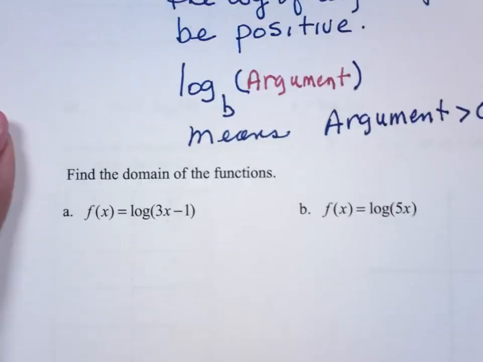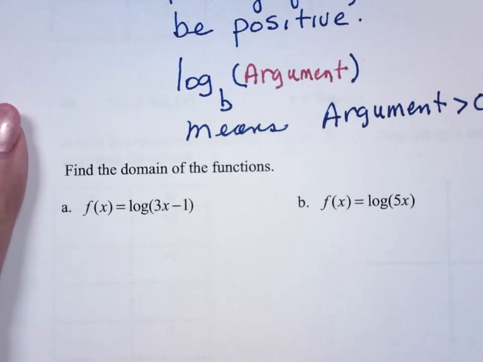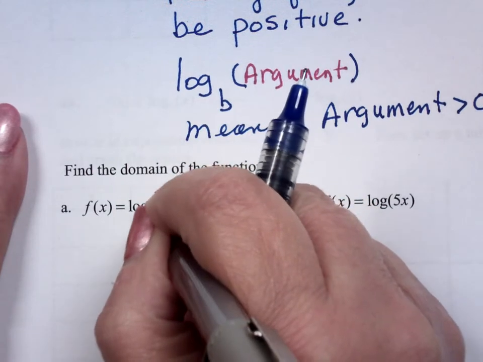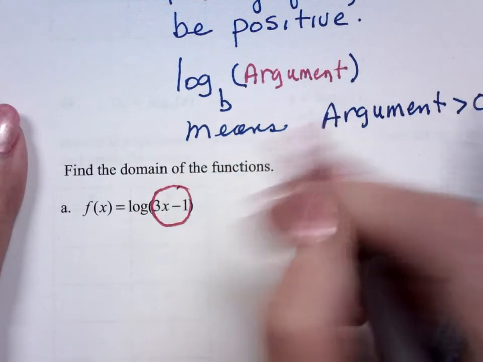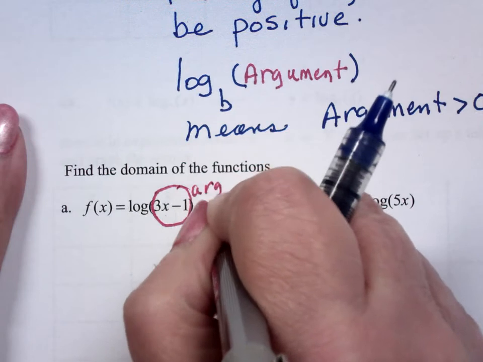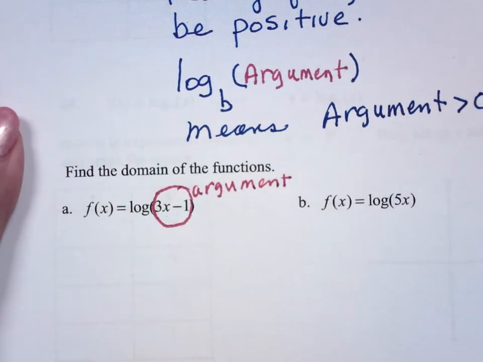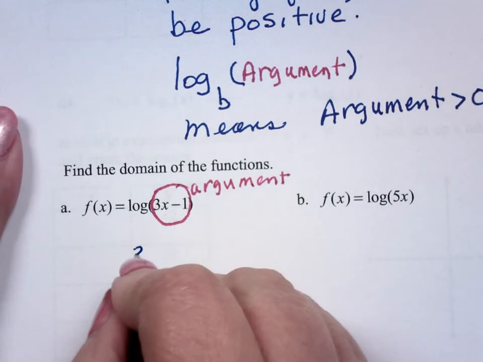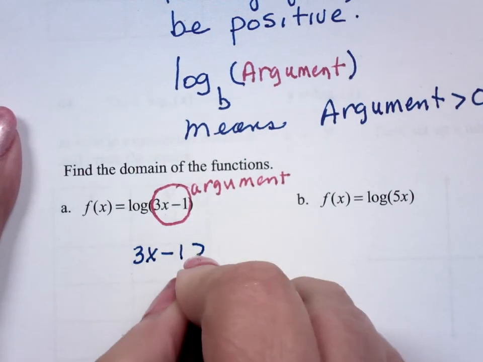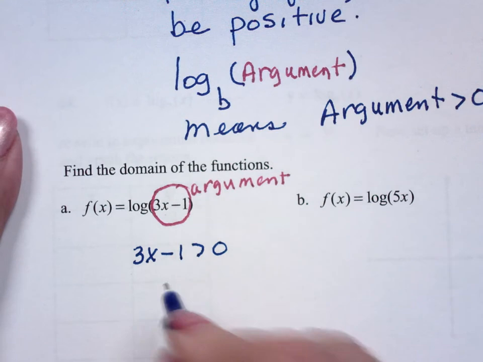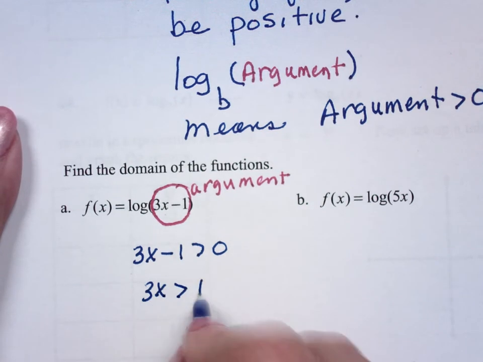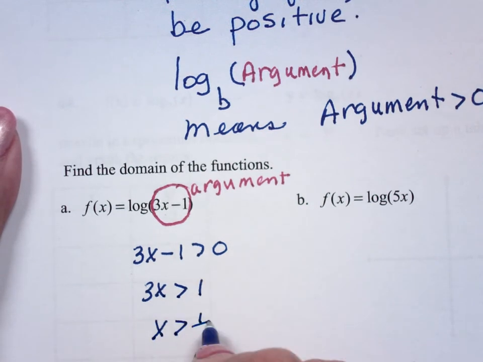So here we go. The argument has to be positive. Now what's the argument? It doesn't matter what base the log is. That's what you're taking the log of. So that 3x minus 1 must be positive. 3x must be greater than 1, or x must be greater than 1/3.